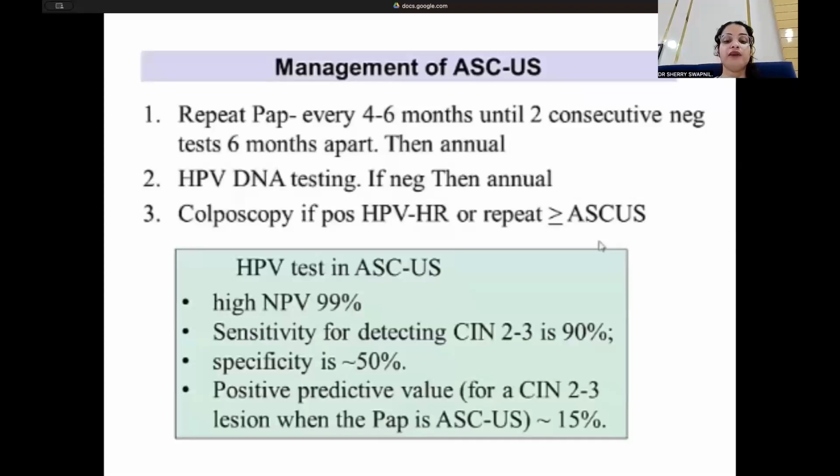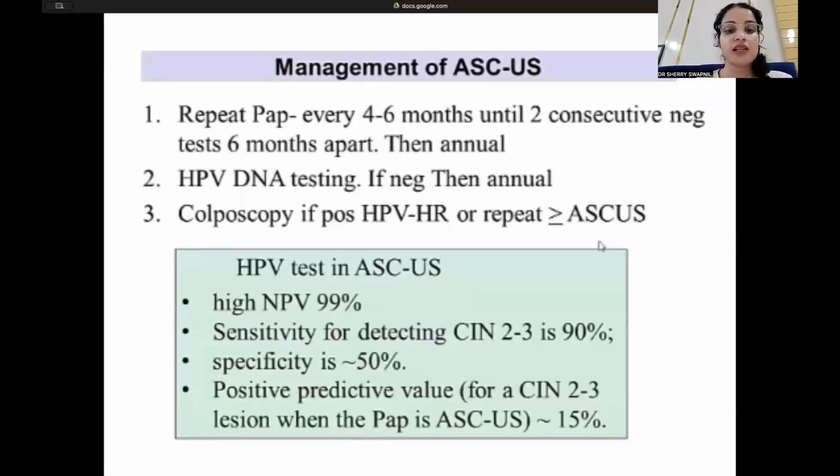It is very important for a lab to mention their ASCUS to SIL ratio, because sometimes, because of atypia or reactive change, we overdiagnose benign or reactive changes as atypical cells or ASCUS. So when you diagnose ASCUS, it should be confirmed after biopsy as SIL or not.